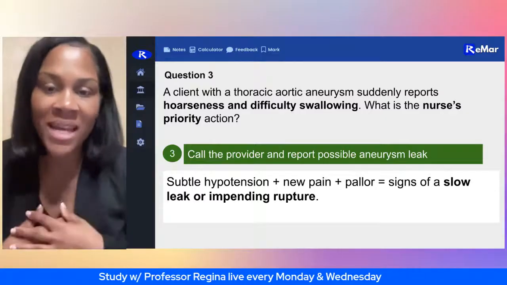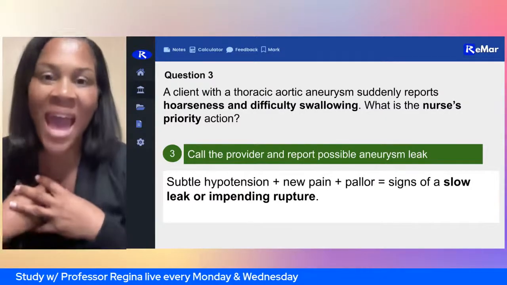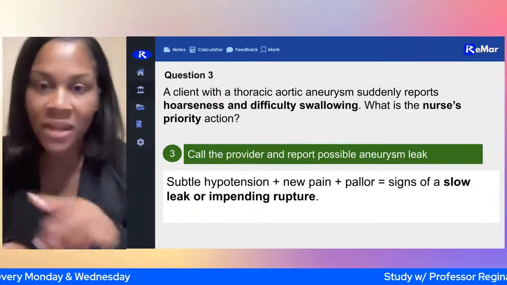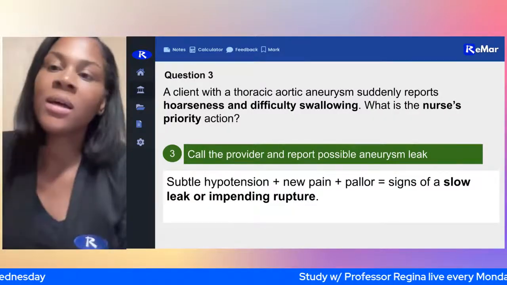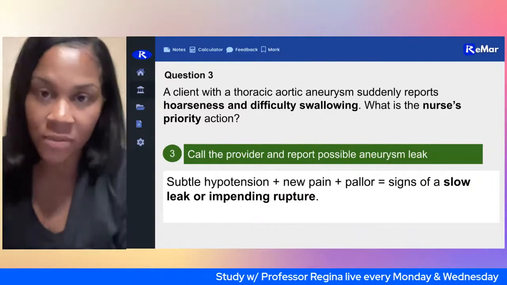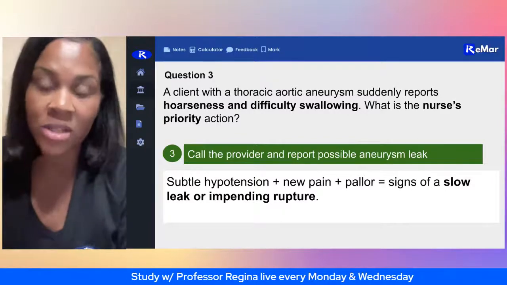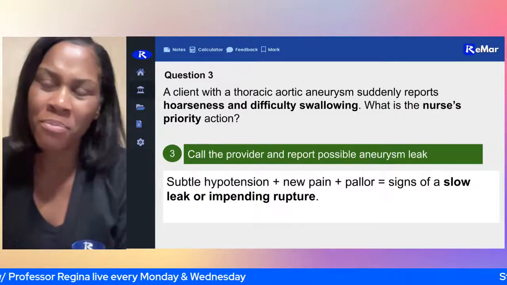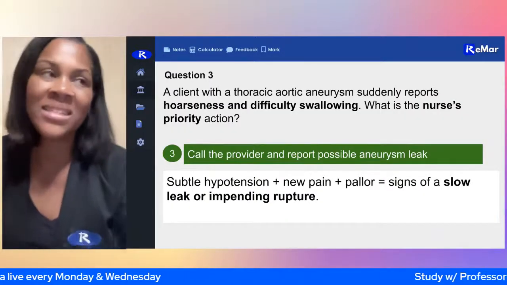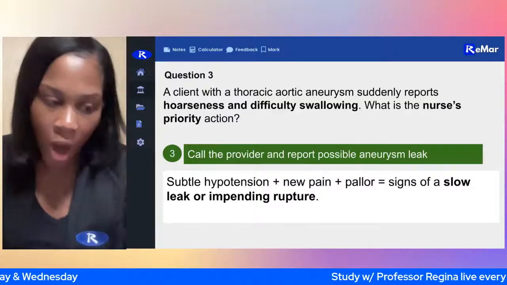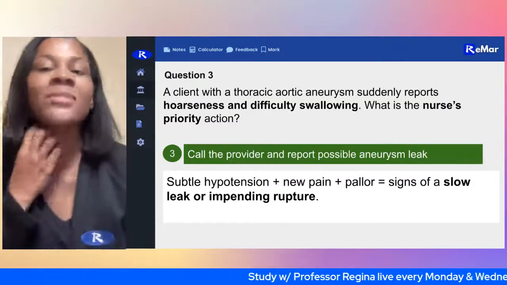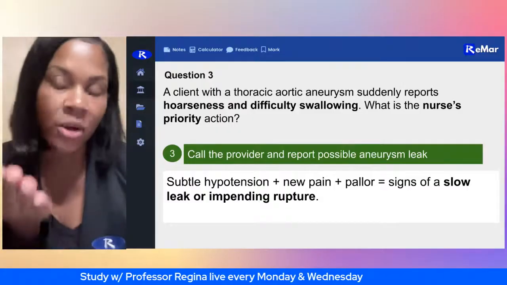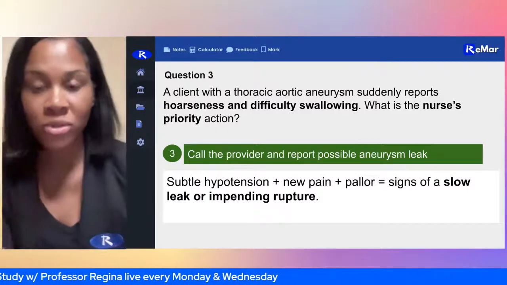Because if somebody has an aneurysm and they have a new complaint, your assessment is not necessarily first. What's necessary first is to call the doctor. I hope I'm making sense, because somebody else will say you always follow the nursing process. Not always. Aneurysms are a great example of when you don't.